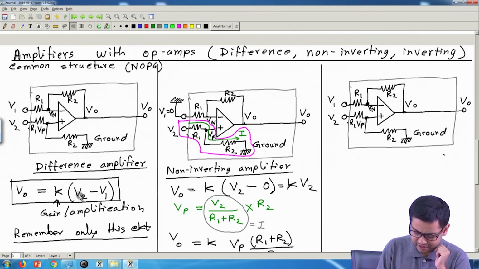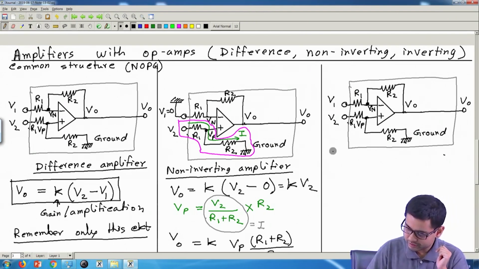Now we will make, say, V2 equal to 0. Previously we made V1 equal to 0 for the non-inverting amplifier, but now we will make V2 equal to 0. So that means we will connect it like this.